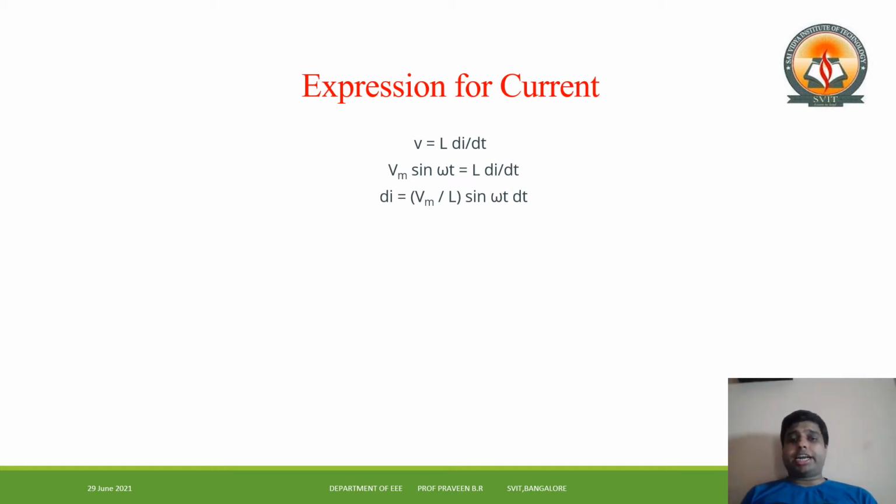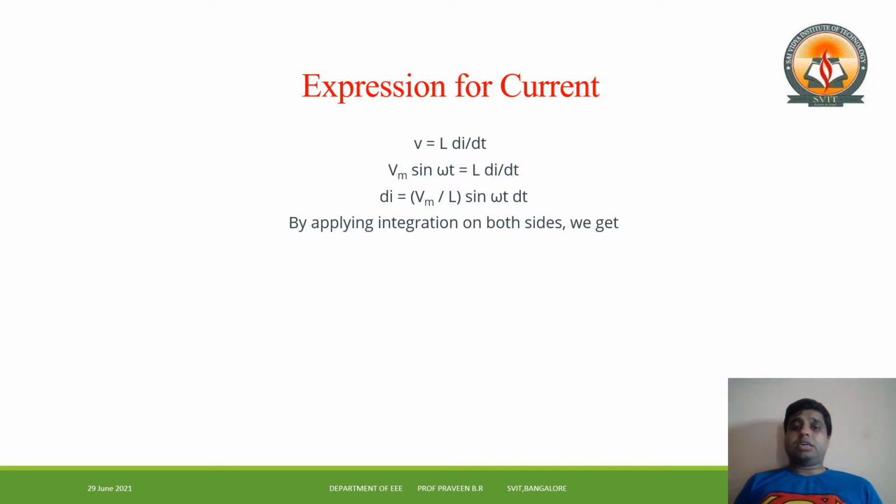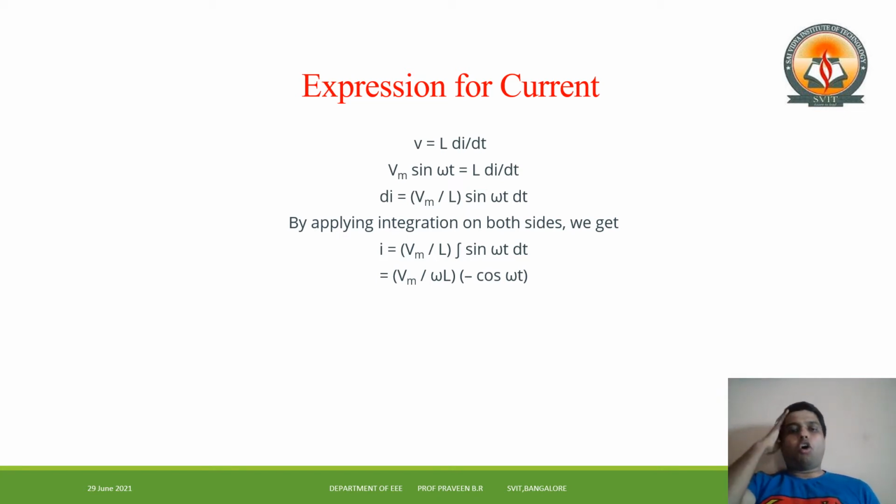When I integrate on both the sides, integration of di is I, and Vm/omega L is constant. So integration of sin omega t is taken as -cos omega t divided by omega. So I get I = (Vm/omega L)(-cos omega t). We all know cos theta can be written as sin(90 - theta), where theta is omega t.